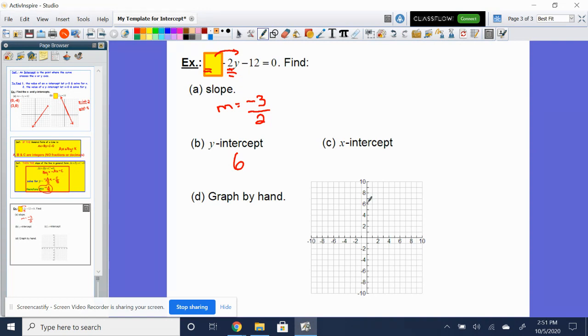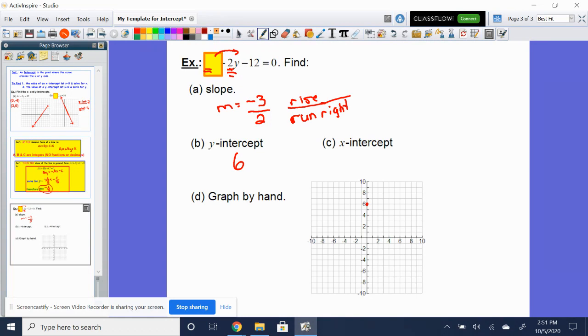So I can put my y-intercept here at 6 because I can see that I'm going to have to graph in part D. Now, you can start at 6 and then use your slope, which is rise over run. But since it's a negative 3, you would go down 3 and then run right 2. So you can use your slope if you want.